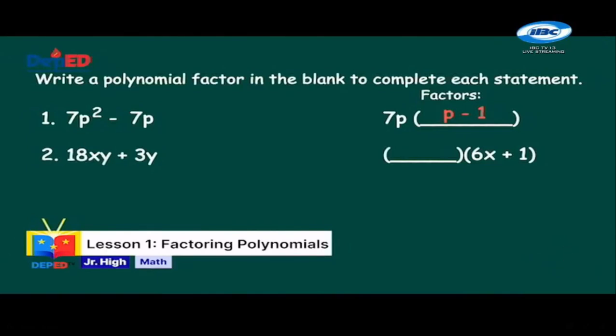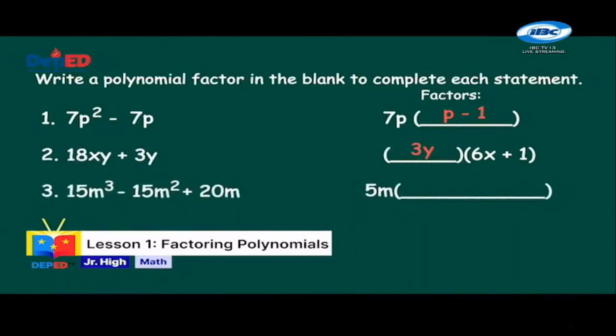The polynomial 18xy plus 3y can be written as the product 3y times the binomial 6x plus 1. Number 3, 15m cubed minus 15m squared plus 20m is equal to 5m times what polynomial? The polynomial factor in this item is 3m squared minus 3m plus 4.